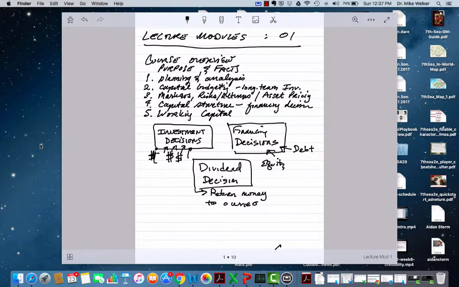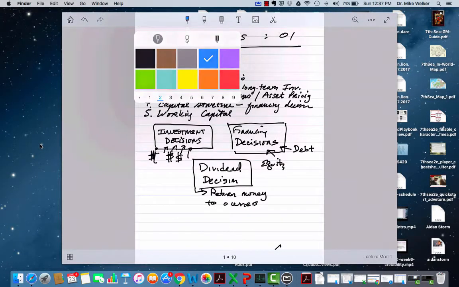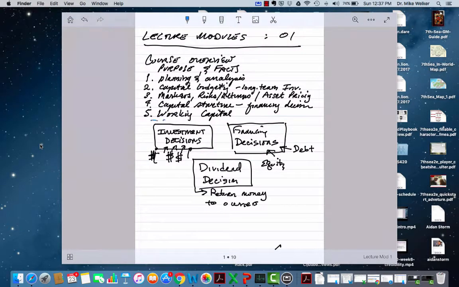Now, what's really quite crucial is that all of the decisions that are being made in these different areas, they all impact the value of the firm.